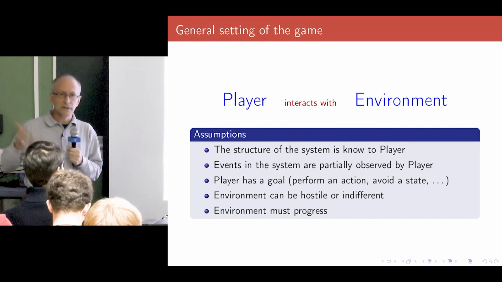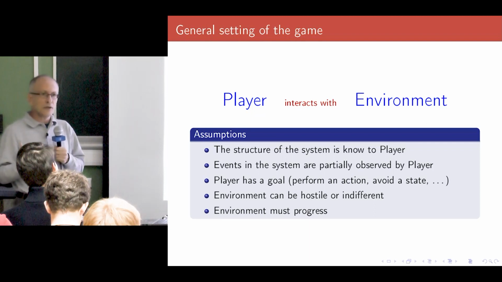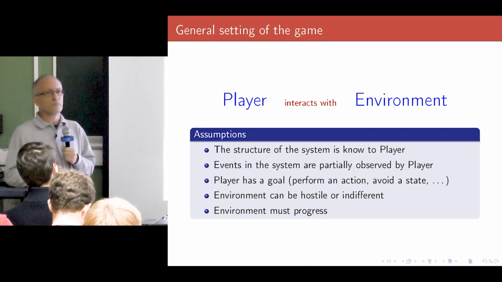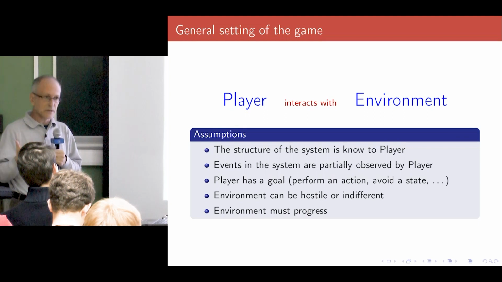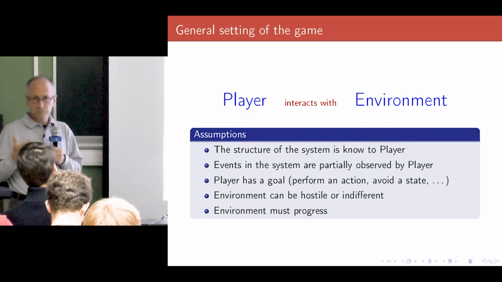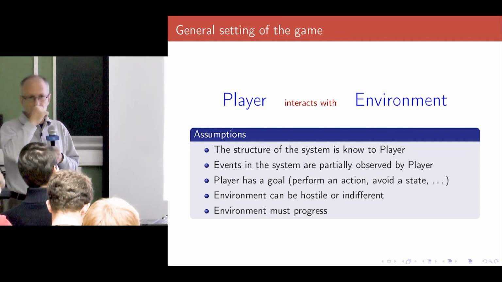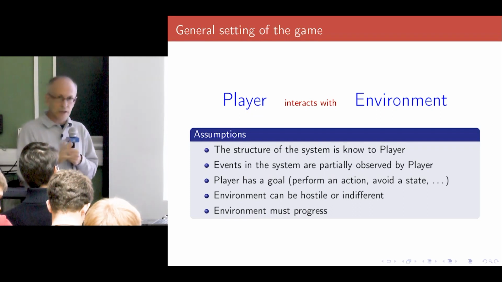You might call it an agent or any entity, which is interacting with an environment. Interaction can take several forms, but we will assume that we can describe what happens in this system by means of a set of events, something that happens, that occurs, and can be performed either by the player or by the environment, or sometimes by both together.